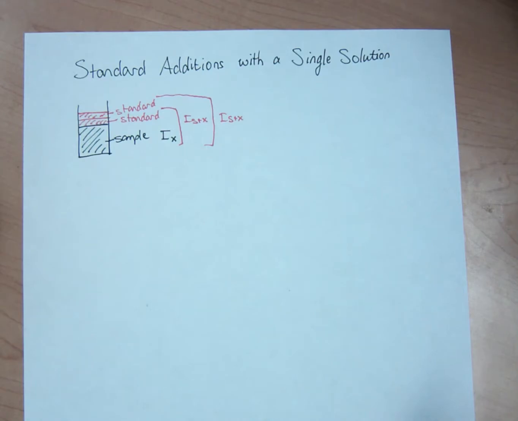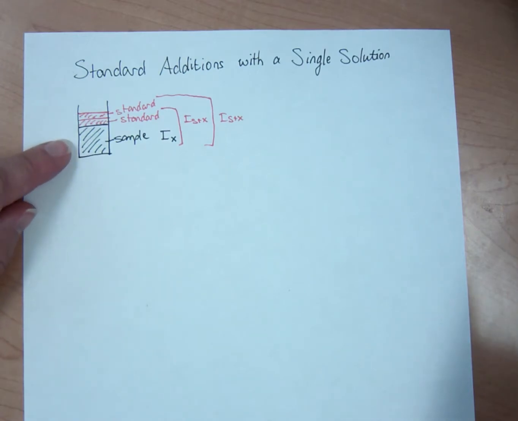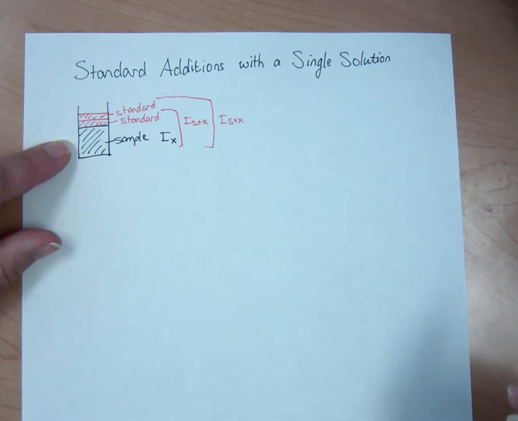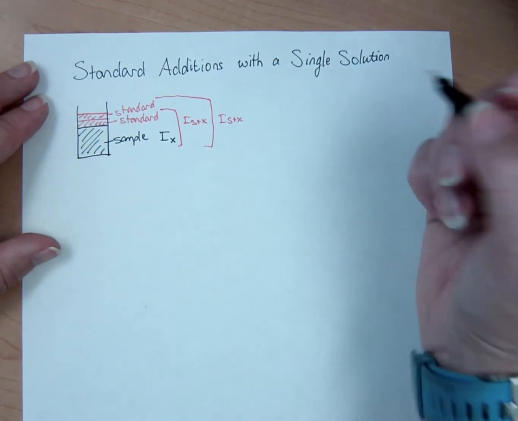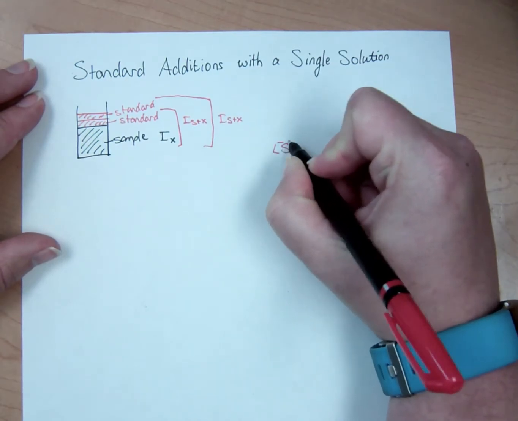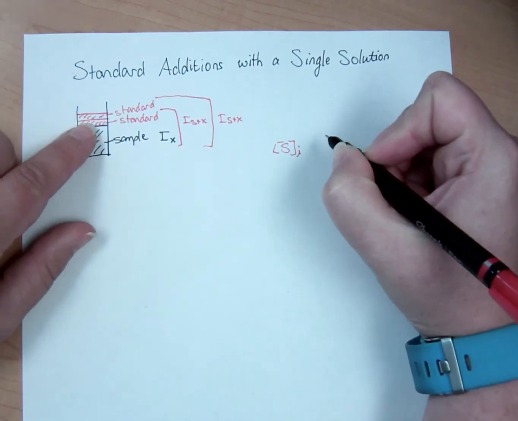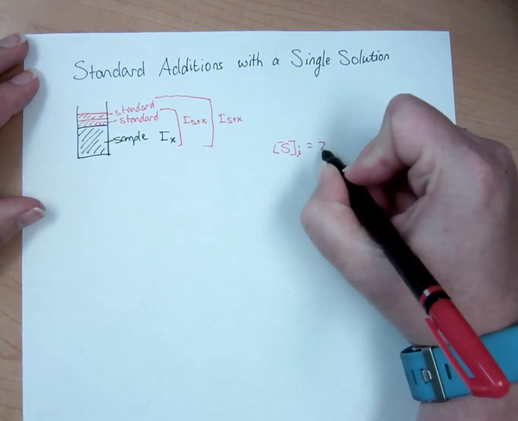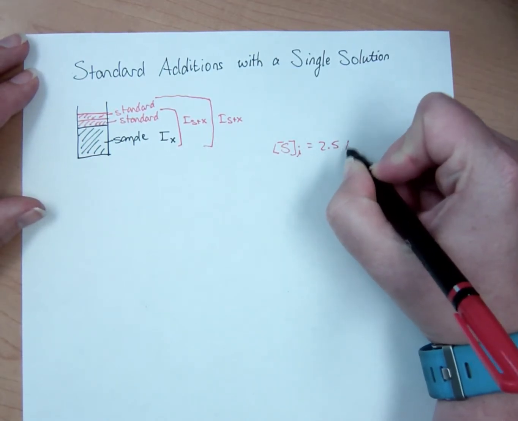Okay, so as an example, let's say I have an unknown sample that we just don't know the concentration of. But I'm adding a standard, and I'm going to make this standard at a concentration initially. So the standard solution that I'm adding is, let's just say, 2.5 molar.